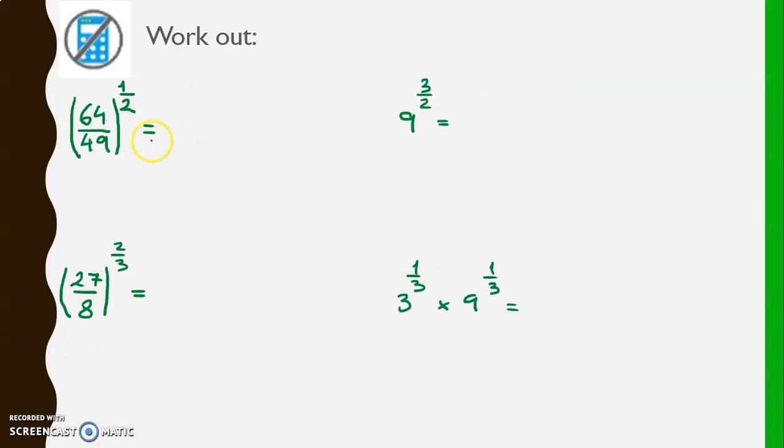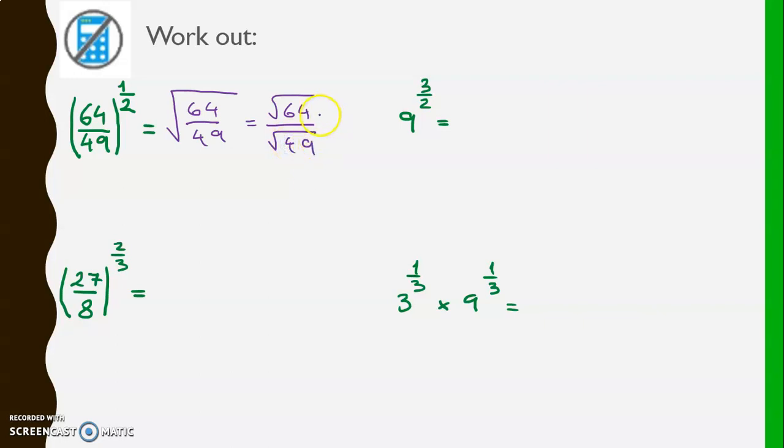Now let's go ahead and try more complex examples. In the first case, we have a fraction raised to the power of a half, but it's the same exact principle. When you raise something to the power of a half, it is the same thing as taking the square root of whatever fraction it is or number. So square root of 64 over 49, which is the same thing as the square root of each numerator and denominator on their own.